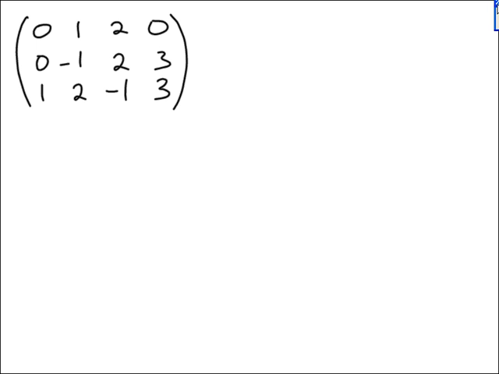Suppose you have the matrix with rows 0, 1, 2, 0; 0, negative 1, 2, 3; 1, 2, negative 1, 3. You want to get this matrix in RREF form. The first entry in row 1, in the end, you want to have a 1 here.